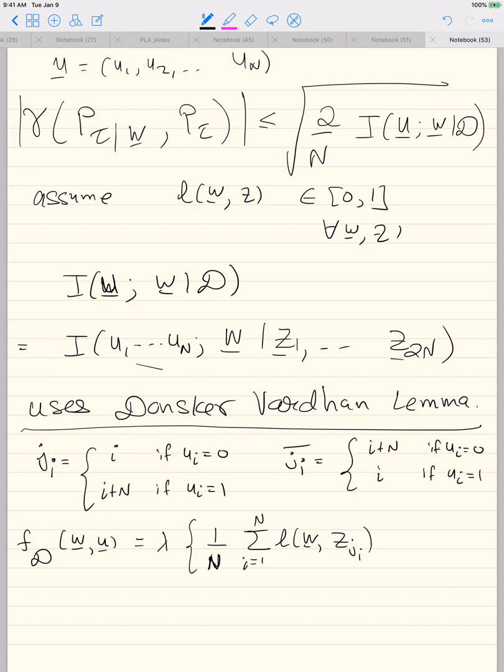So this is the sample that is actually in the training set tau. So if u_i is 0, then we are going to select i, and if u_i is 1, we are selecting i plus n. So we take the average from 1 to n of all the elements in the training set. And then we subtract from it the average of L of w and z_{J bar of i}.